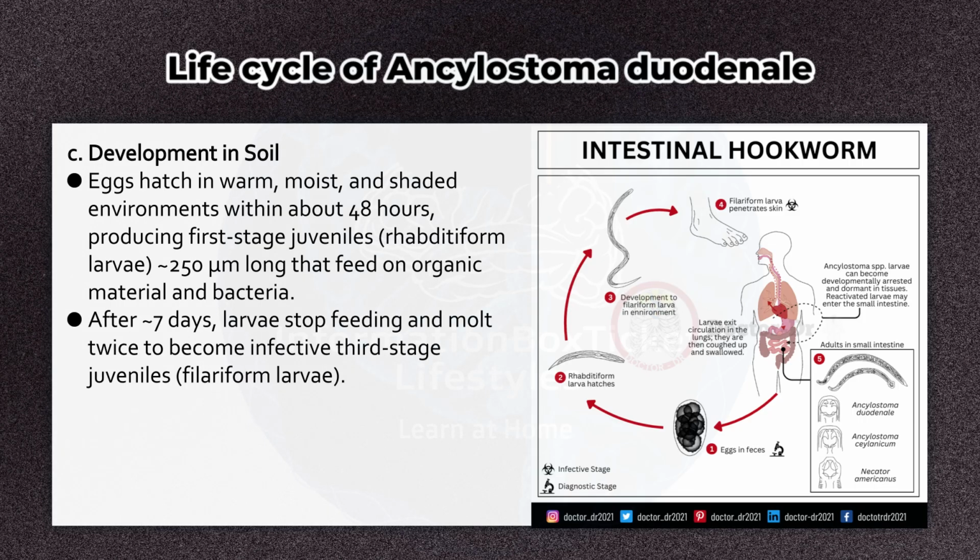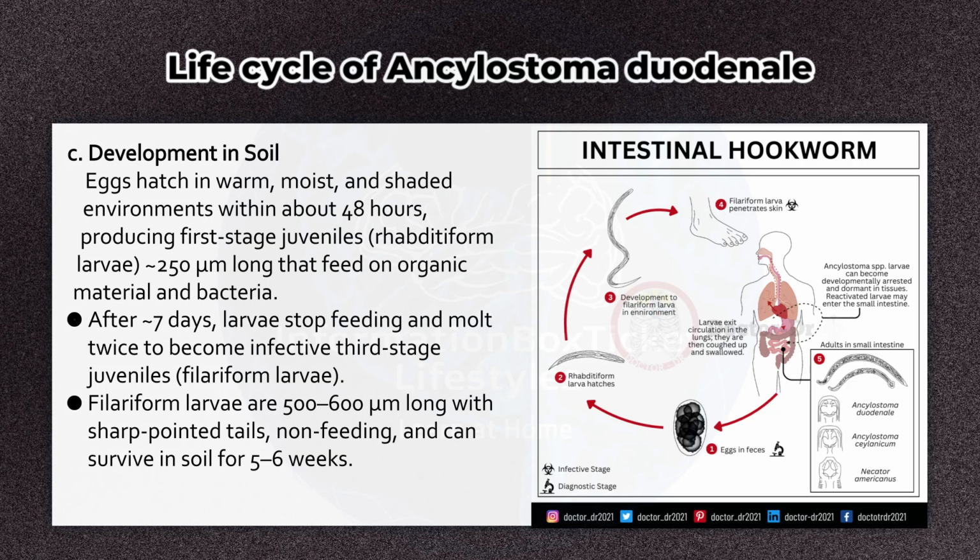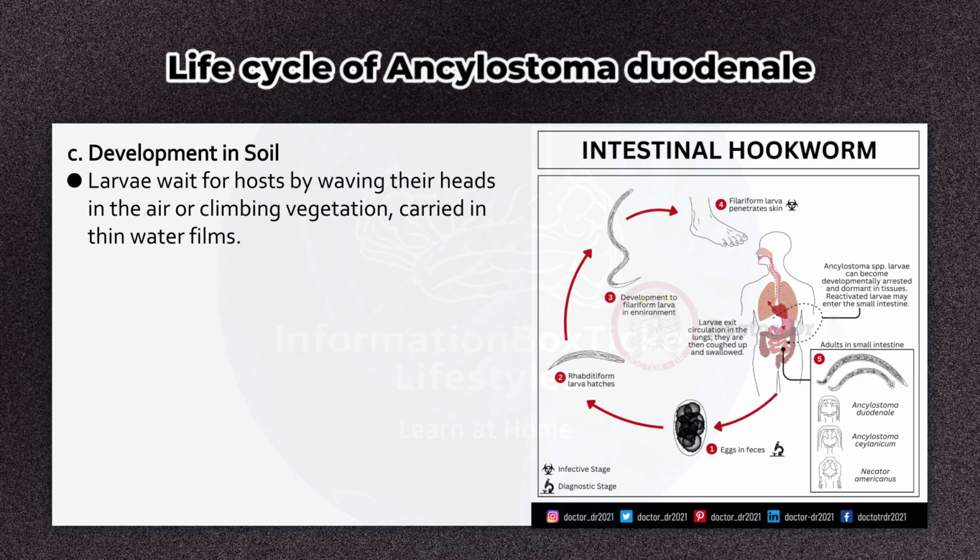After approximately 7 days, larvae stop feeding and molt twice to become infective third-stage juveniles, filariform larvae. Filariform larvae are 500 to 600 micrometers long, with sharp-pointed tails, non-feeding, and can survive in soil for 5 to 6 weeks. Larvae wait for hosts by waving their heads in the air or climbing vegetation, carried in thin water films.